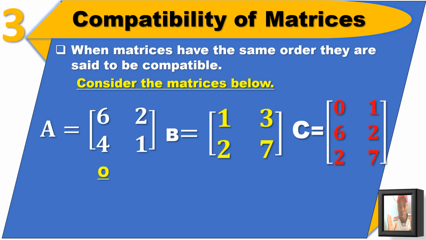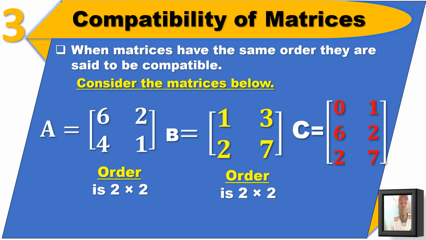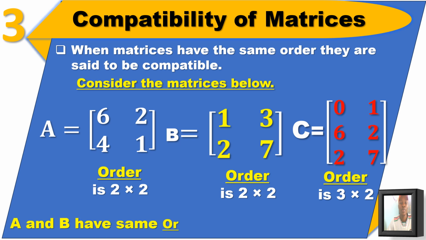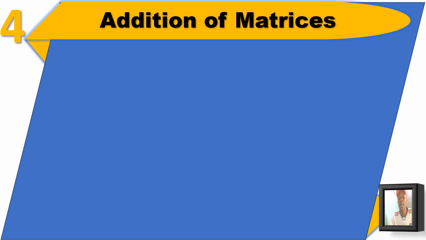Therefore, they are compatible. These are the compatible matrices. Why? They have the same order. You can only add matrices which have the same order.